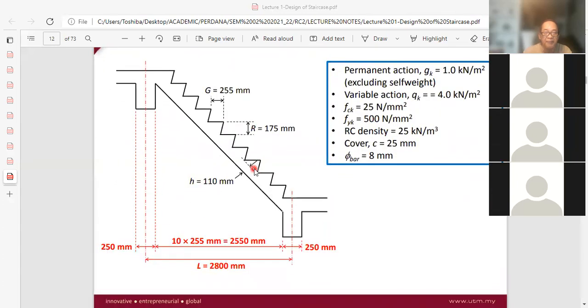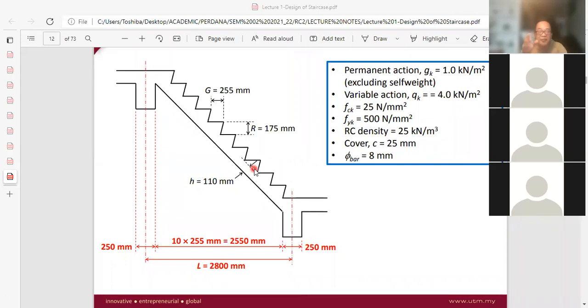Untuk beams, for normal beams, RC beams, use L over D 15. For slabs dan juga staircases, guna L over D 30. Again, I stress this is for an estimate of suitable thickness sahaja.